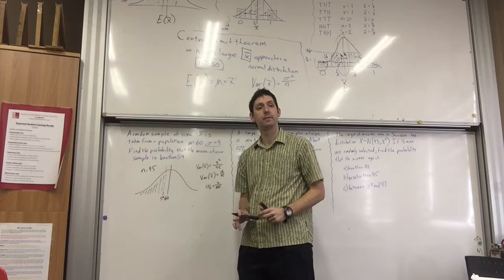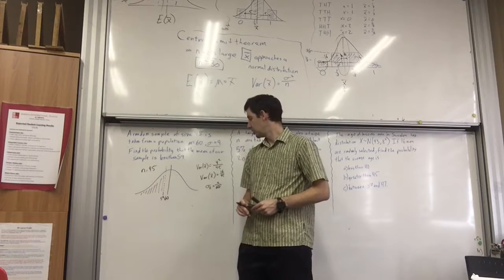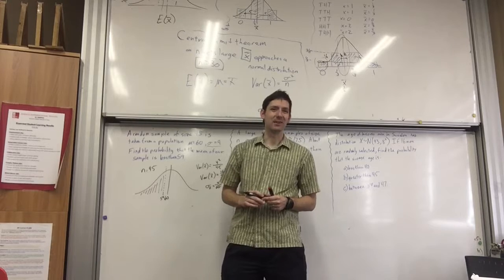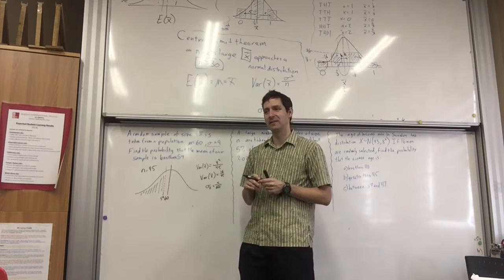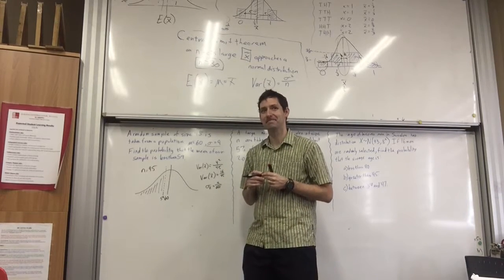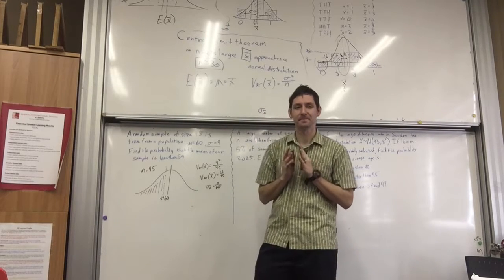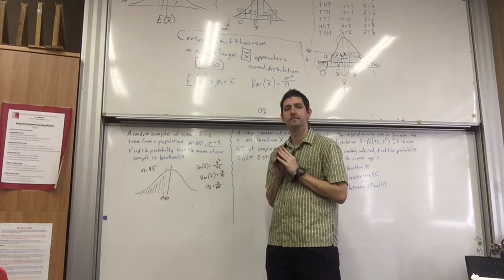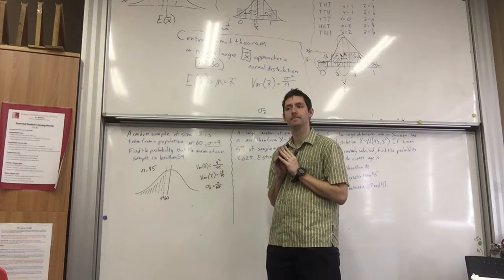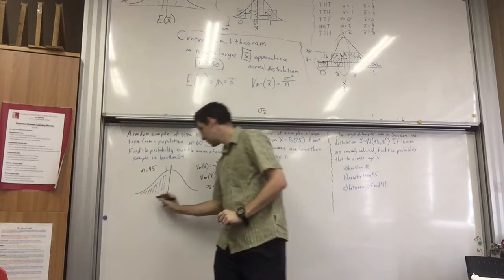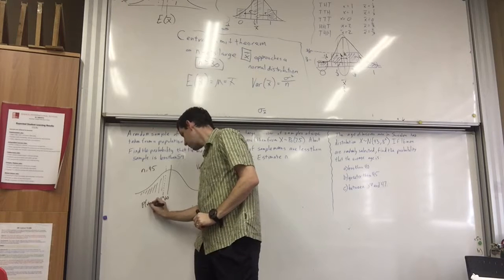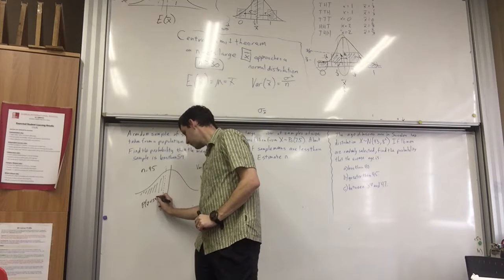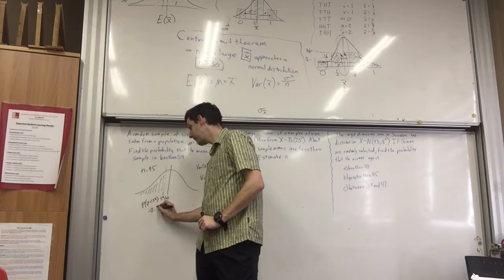What do you need for norm CDF? You need the mean and you need the standard deviation. Johan, you got me a number? 0.04676. 0 point what? 0.04676.